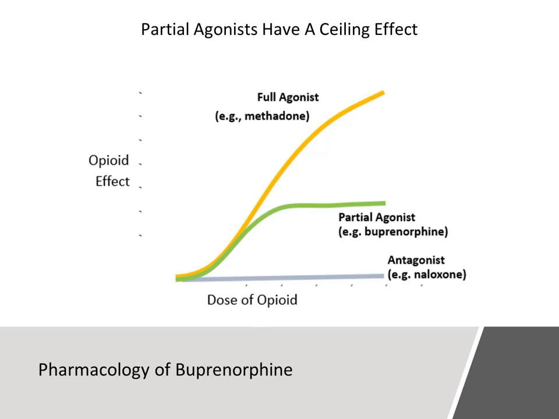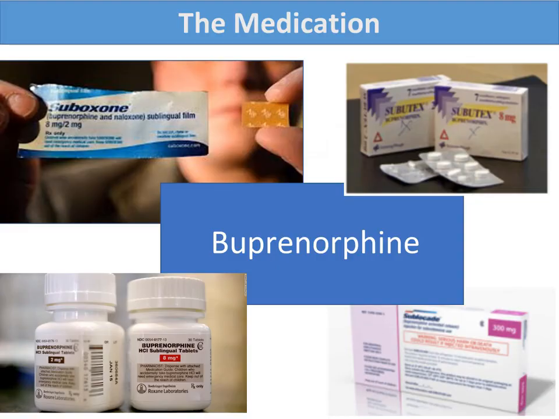It is one of the other reasons why it's often safer from an overdose perspective, or if a child gets into the medication, that your body can only take in so much buprenorphine, and after that point, no more will bind to your receptors. Methadone, in contrast, is a full agonist, so as more methadone is put on board, it continues to attach to those receptors and activate them, so it is often associated with more side effects potentially as the dose increases.